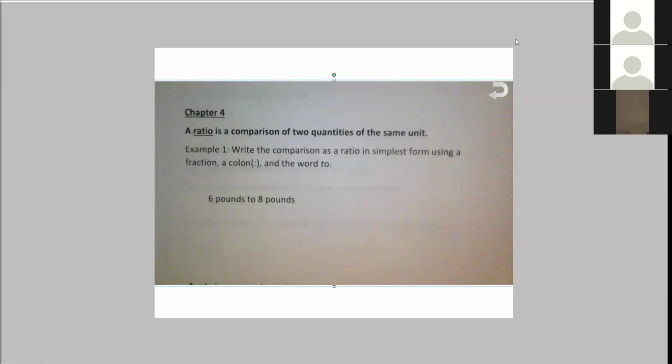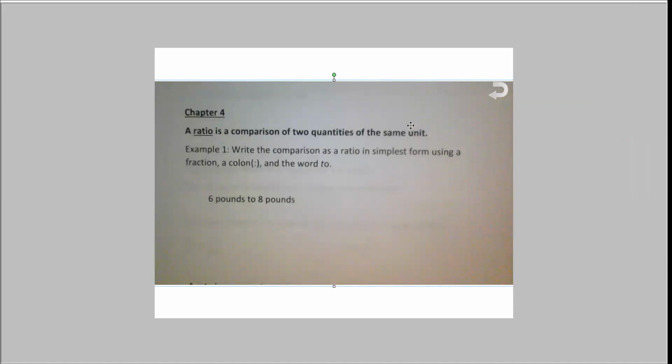And make sure as you do your apply that you give the specific form that the problem is asking for. It may be asking for a fraction answer, it may ask for a colon answer, or using the word to, so you want to be specific to give it in that way.